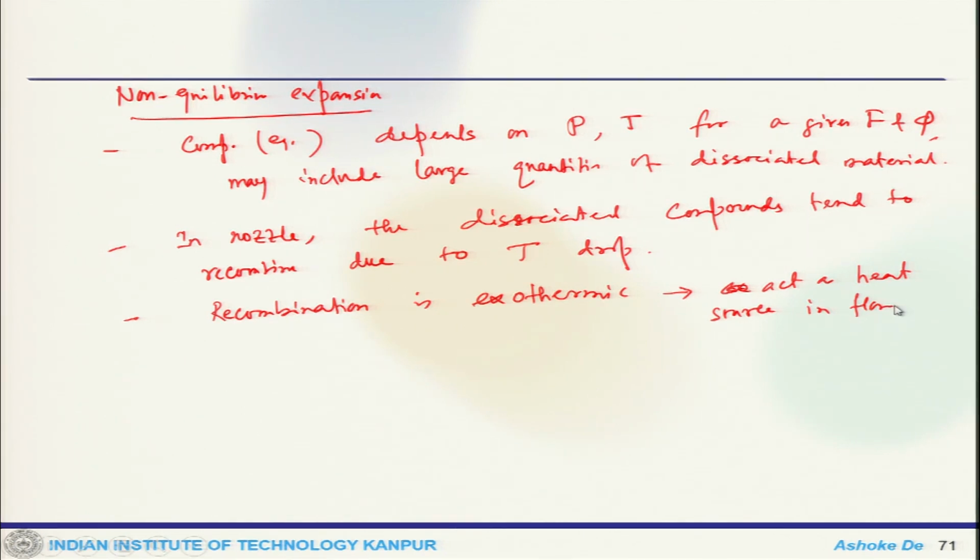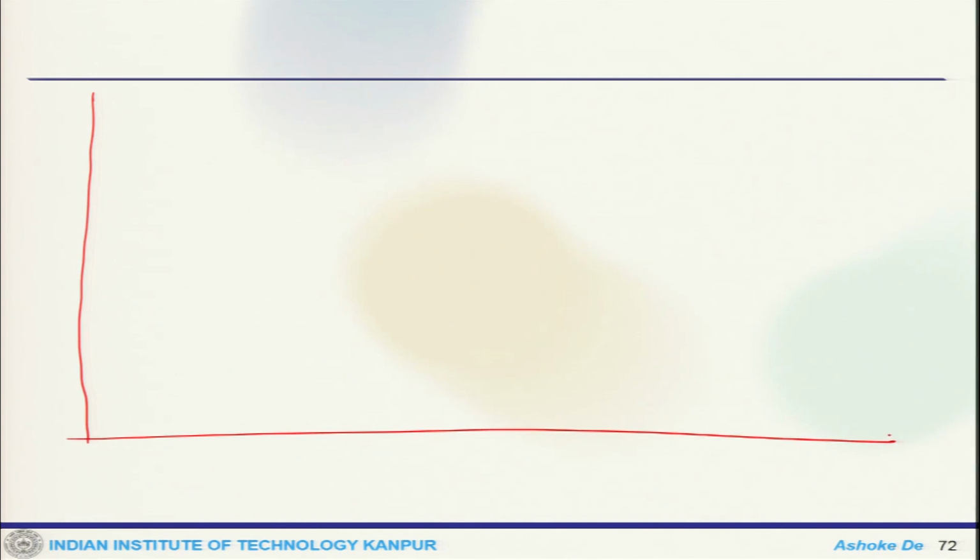Now, we can see how this dissociation energy is before and after the equilibrium expansion. We take an example of, let us say, an H2/O2 mixture and see how that actually affects it. Let us say we put a diagram here, and the axis could be 20, 40, 60, 80, 100.